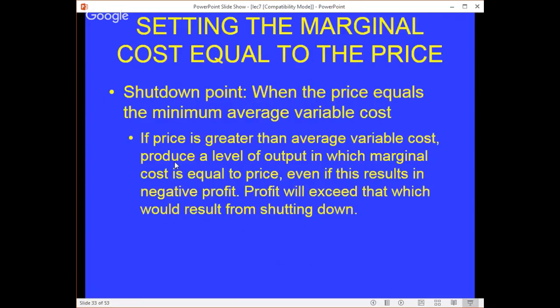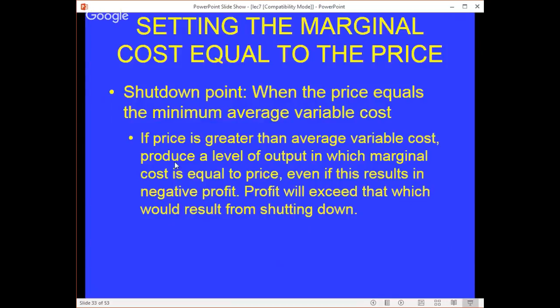Now, when does the firm shut down in a perfectly competitive industry? Well, that depends on whether you're talking about the long run or the short run. In the short run, you have fixed costs. And in many cases, those fixed costs occur whether you're operating or not. So the shutdown point in the short run is going to be when price equals the minimum average variable cost.